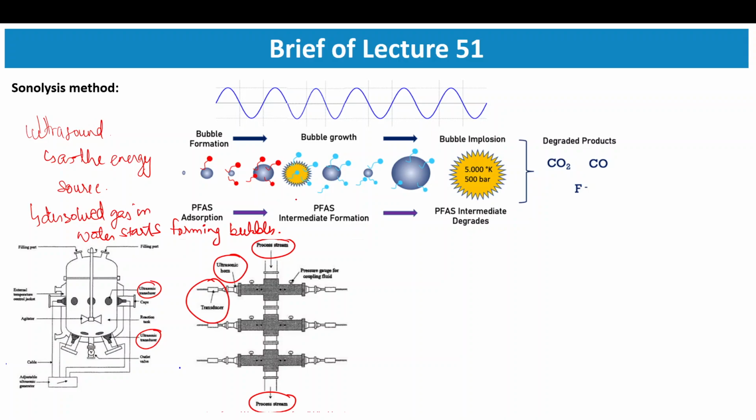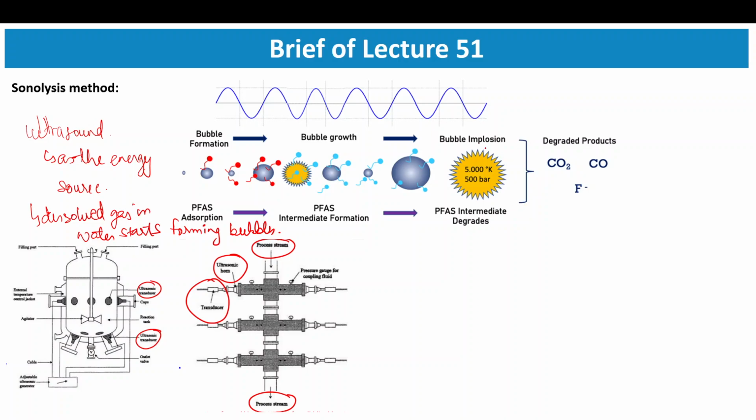So these bubbles are formed, and when you keep on giving energy, as the bubble growth takes place, it becomes very unstable, and after a certain size, it bursts. This bubble which bursts generates a lot of radicals, right?